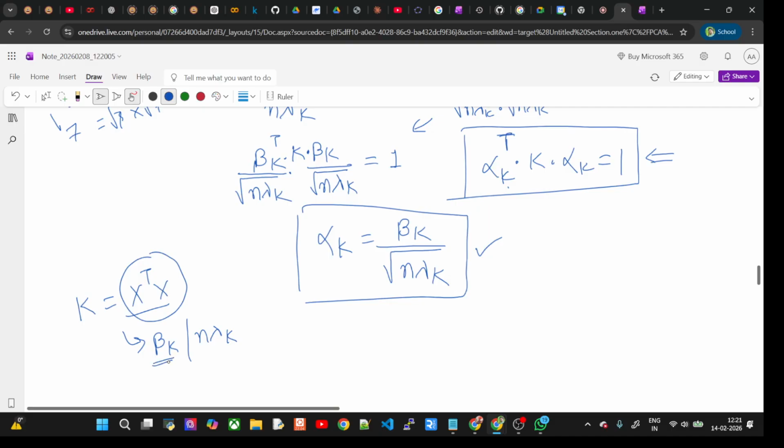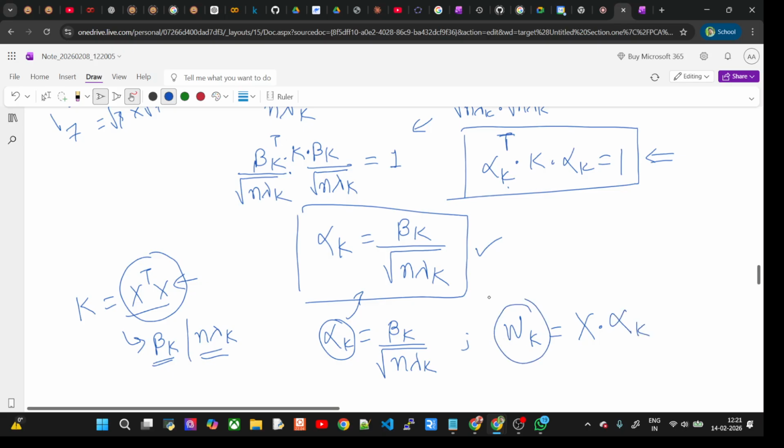So once you get beta, you put that beta in this equation: alpha k is equal to beta k divided by the square root of n lambda k, the eigenvalue of this covariance matrix. You get alpha k, and once you get alpha k, you go with w k equal to x into alpha k, and then you get your PCA's w k, that is the eigenvectors.